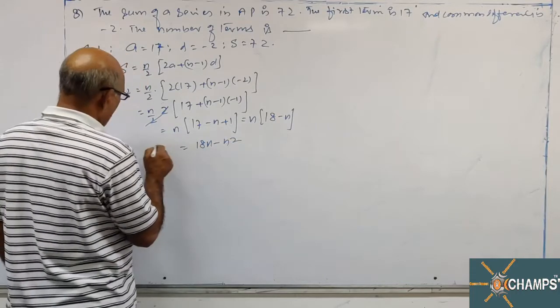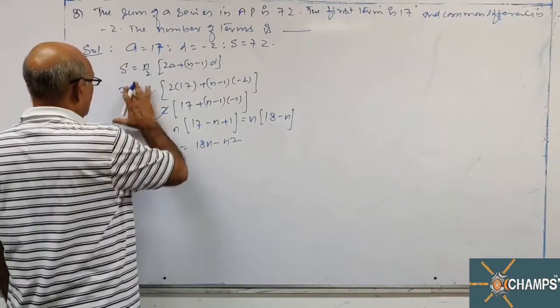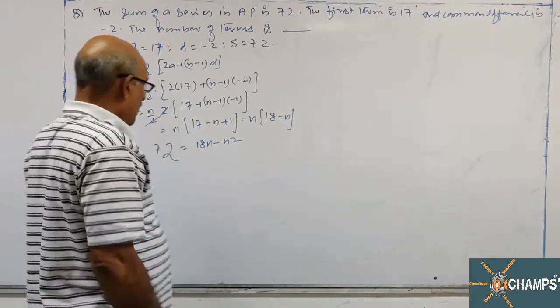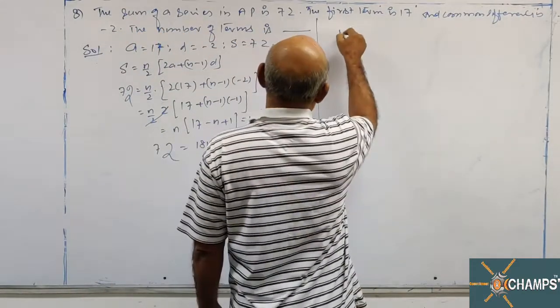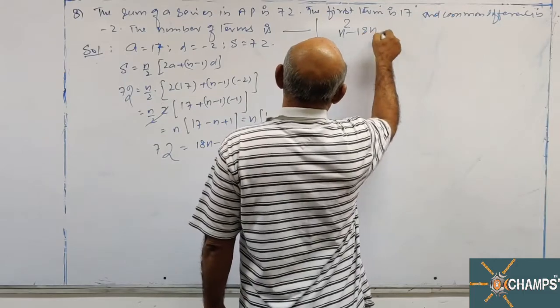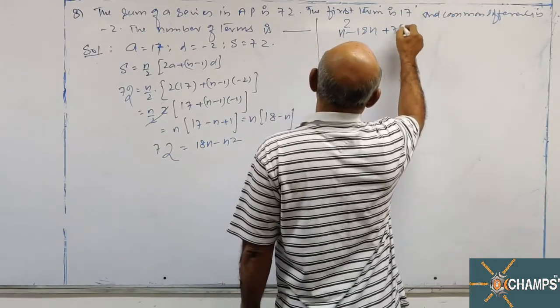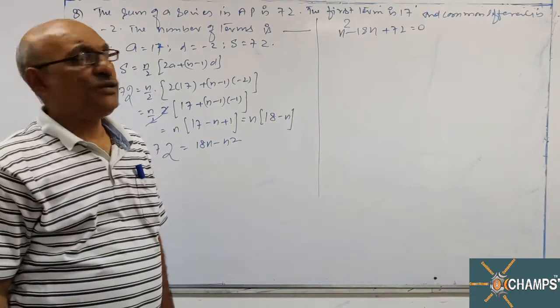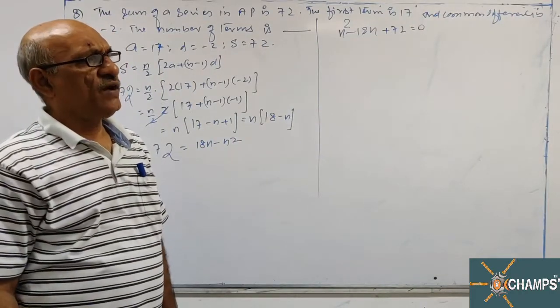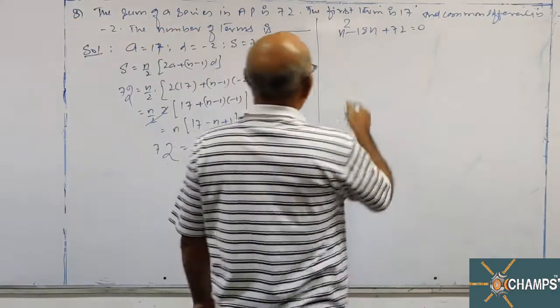18n minus n square is 72. So if I bring all the terms to one side, n square minus 18n plus 72 equal to 0. 72 factors are 12 into 6.